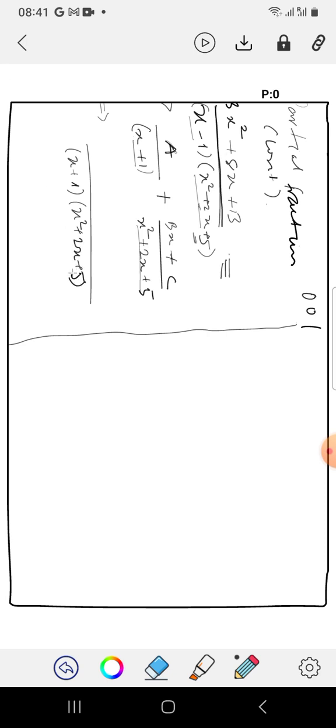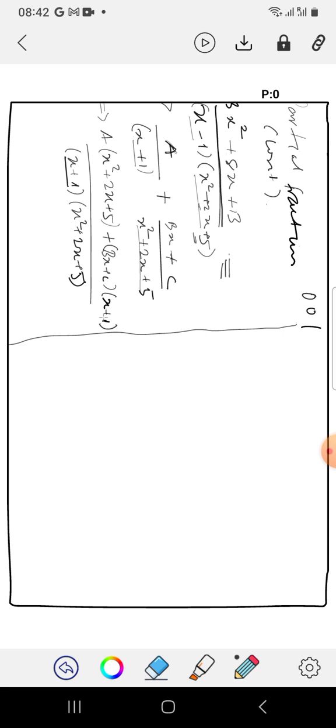So that's it. Then the usual thing is that the A here will multiply x squared plus 2x plus 5, and you add this to bx plus c multiplying the x plus 1.